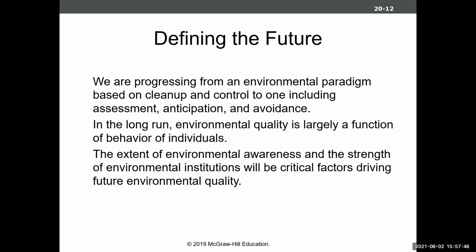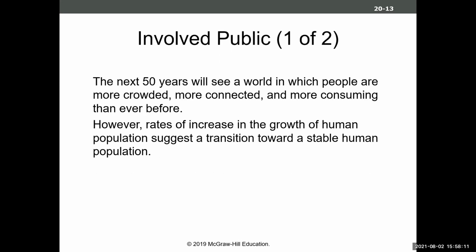And so in the future, environmental quality is really a function of our behavior. And so how we determine to run our lives, run our businesses, is really going to determine how the environments function in the future. And so we need to have that environmental awareness, because that's going to really contribute to the quality of the environments in the future.